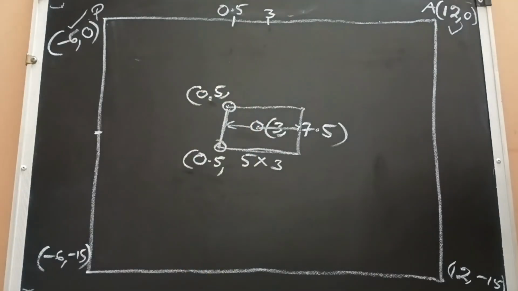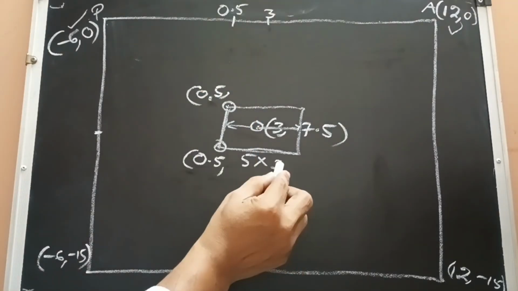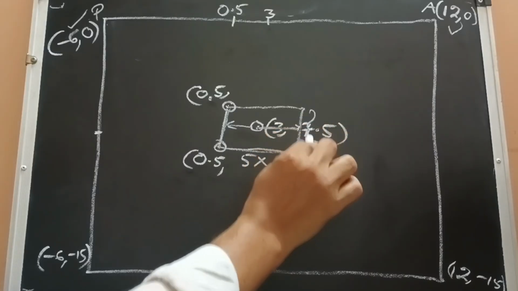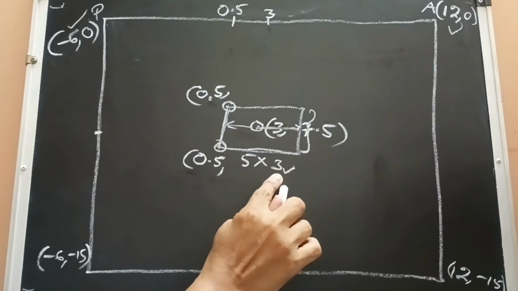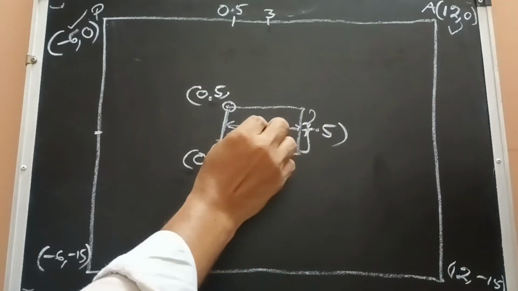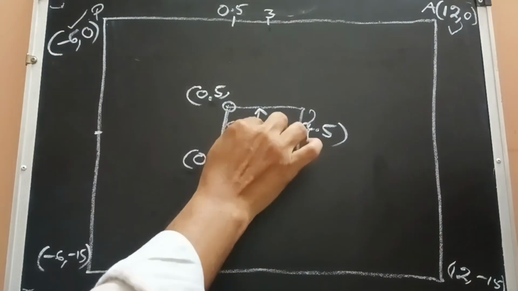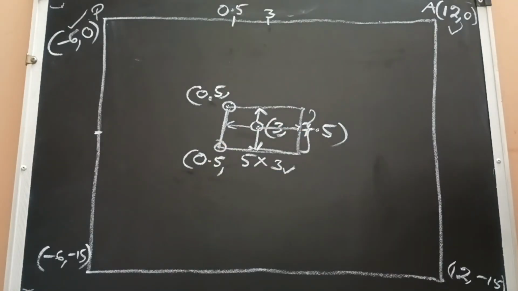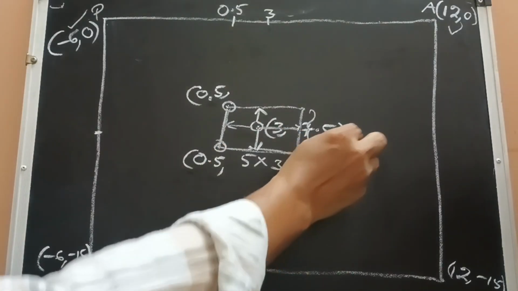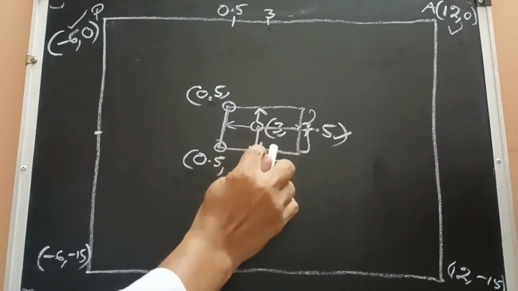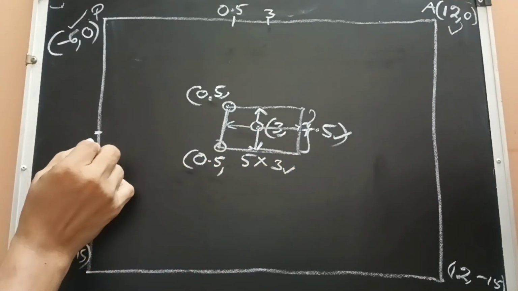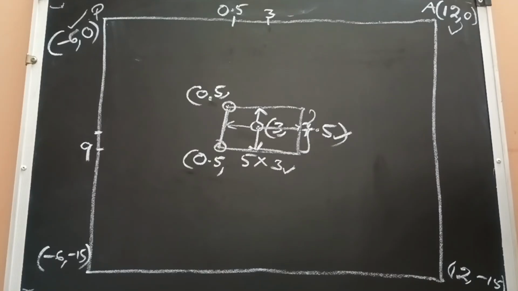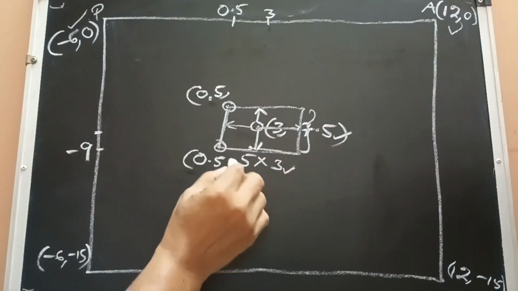Now find out the y coordinate. How to find out the y coordinate? So these 3 units is the width of this table. That means here it will be 1.5 units, and here it will be 1.5 units. So for this 7.5, if you add 1.5, you get 9. So here it is 9 units. Therefore the y coordinate is minus 9.